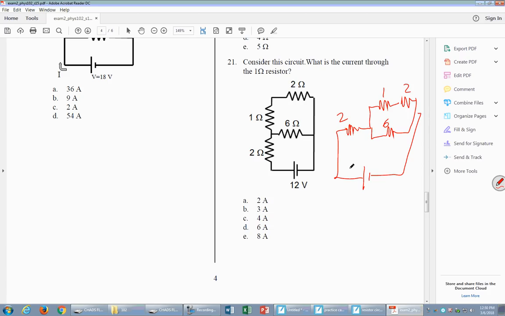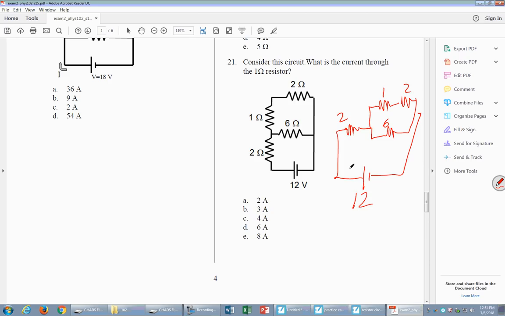And then so to find the current through the 1 ohm resistor, well, you might be able to do it without drawing stuff out. This is a 6 and a 3, which is what in parallel? That's 2. So then I have 2 and 2 in series.